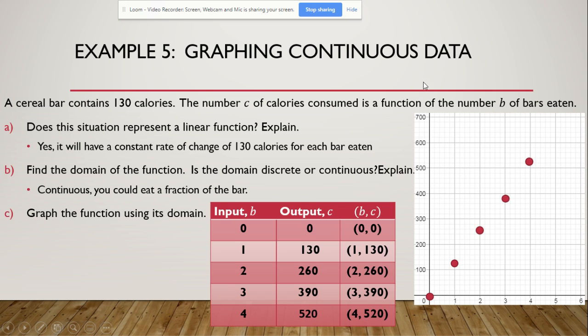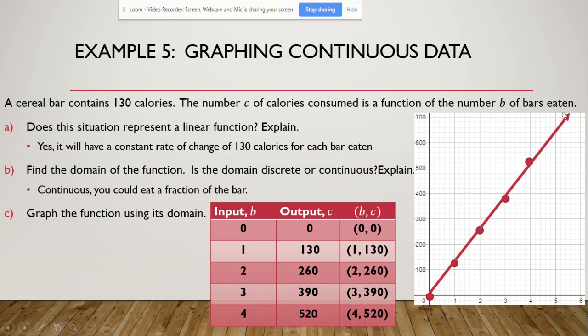Now, notice that our graph cut it off at the negative numbers. We don't have negative numbers on this graph because they wouldn't really make sense in this context. And this time I am going to draw that line because I can be all of these numbers in between. I can be 2.5, 2.6, 2.8, 2.89, 432. All of these numbers that exist in between the dots are possibilities of how much of a bar I have eaten.